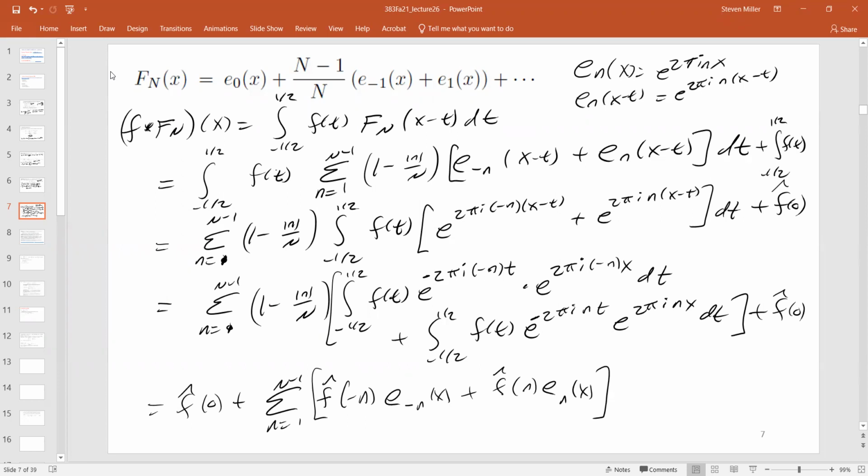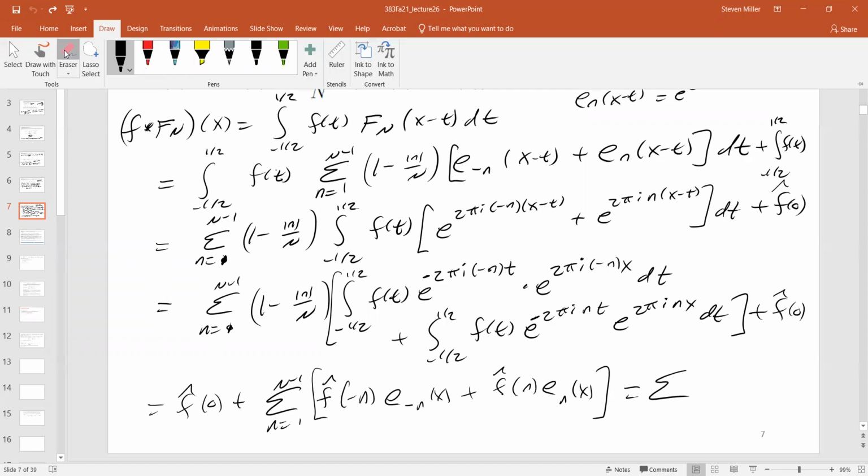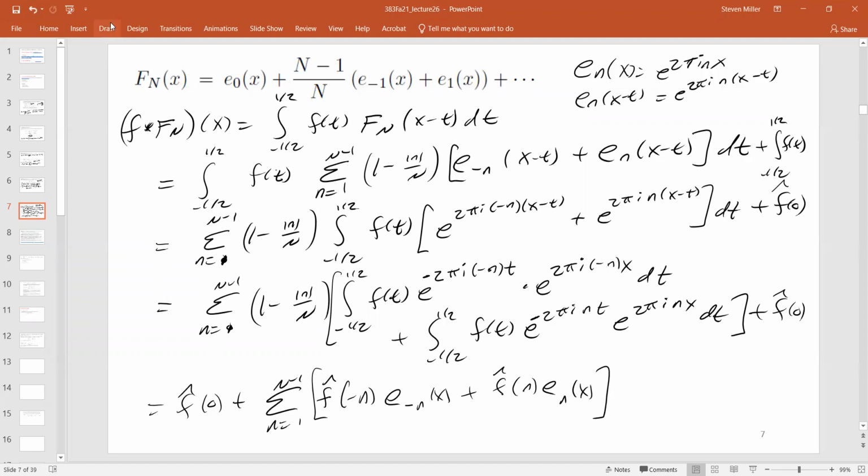And from that, we get that this is basically the sum, n goes from 0 to N minus 1, 1 minus absolute value of n over N. Let me erase the sum. Interesting. Okay.